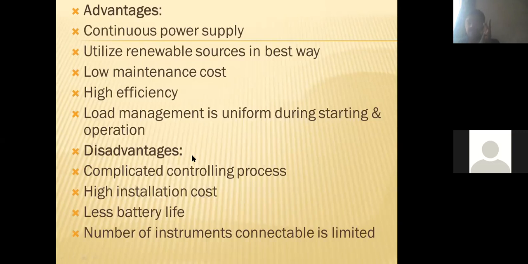Those things we have discussed. And from the 2nd unit onwards, we started discussing each and every non-conventional energy resource individually.